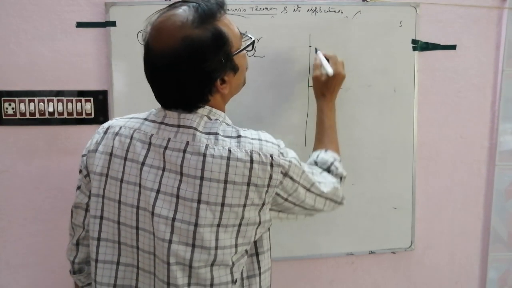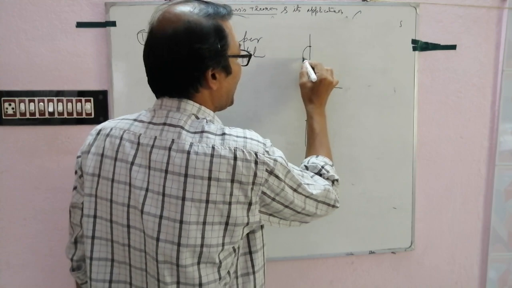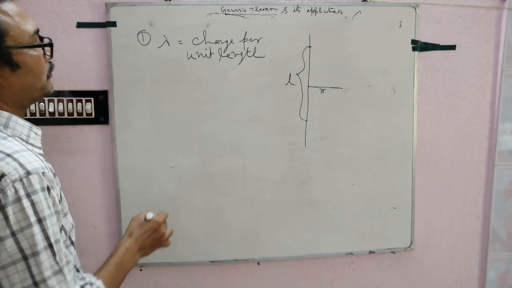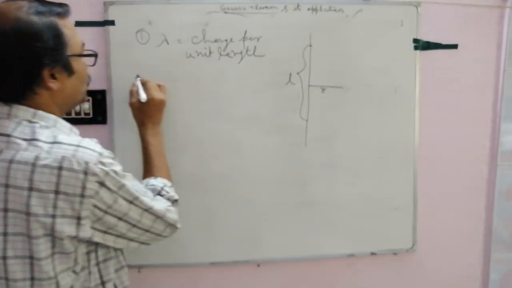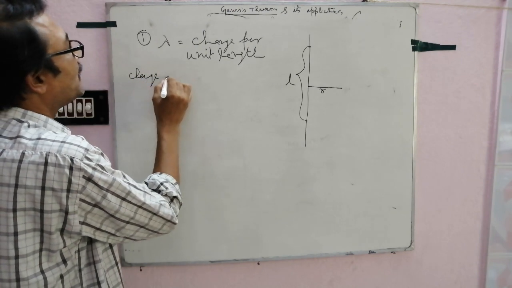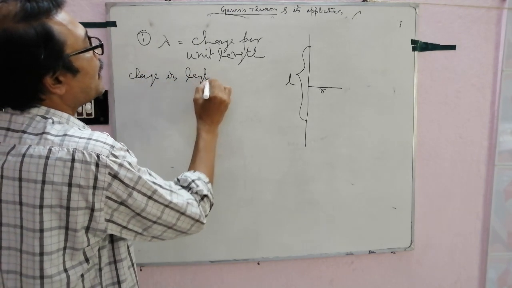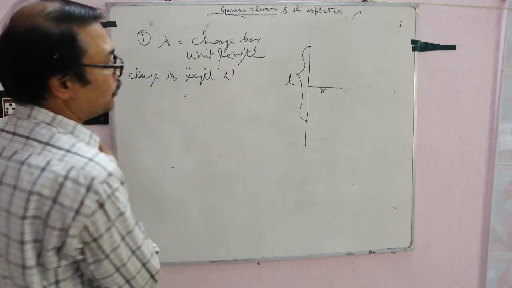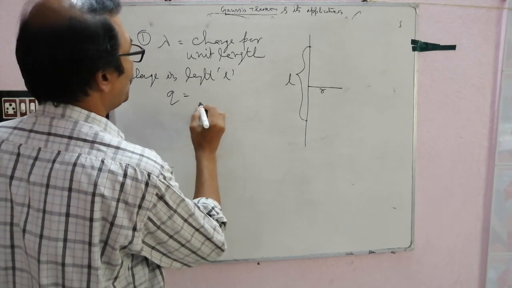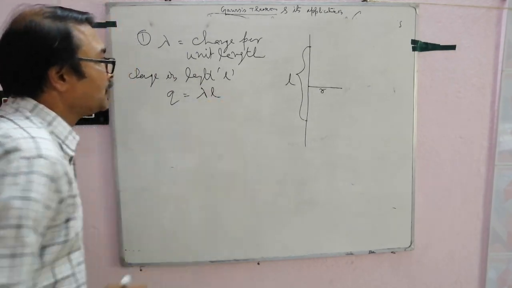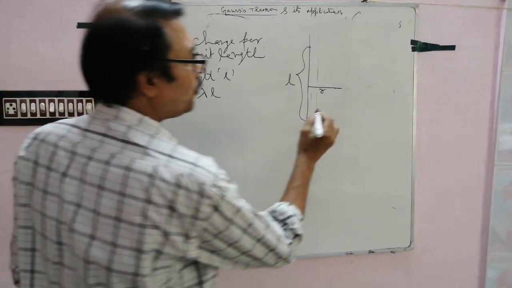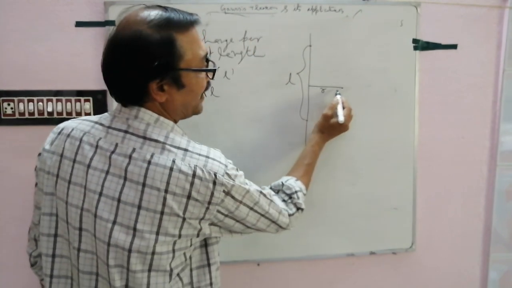Consider a small length L of this wire. So the total charge in length L, suppose Q, equals lambda into L, charge per unit length times length L. We have to find out the field at a distance r.